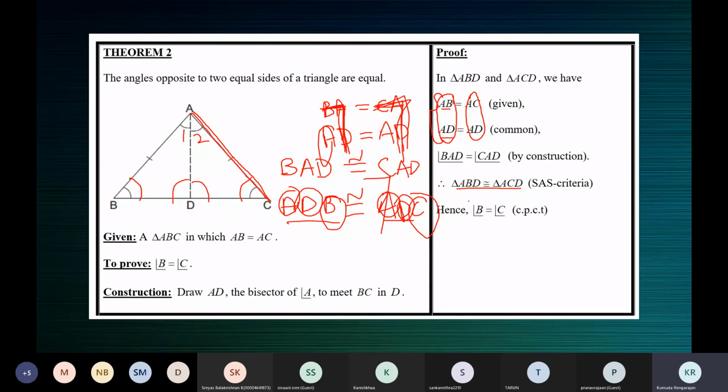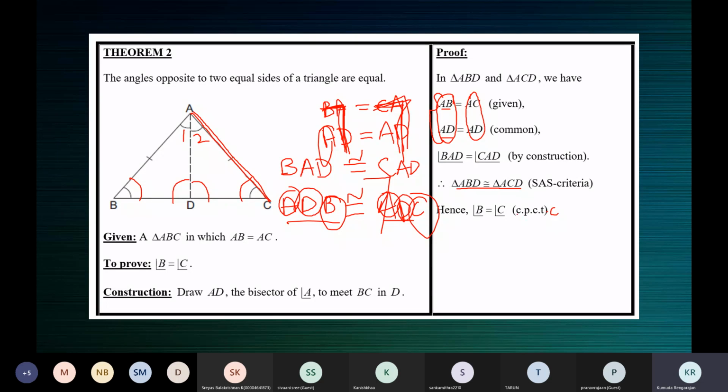So write only that. Don't write everything. I was just showing you what other equalities we get once the triangles are congruent, but you don't have to write everything. Since we have to prove that angle B is equal to angle C, just write that angle B is equal to angle C, CPCT, or you can write CPCTC also.